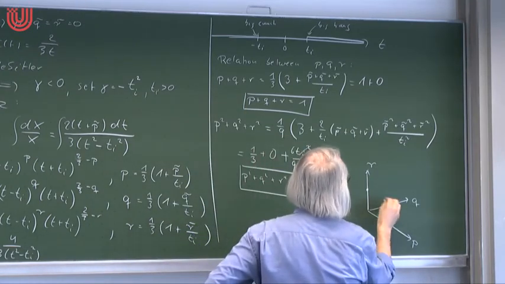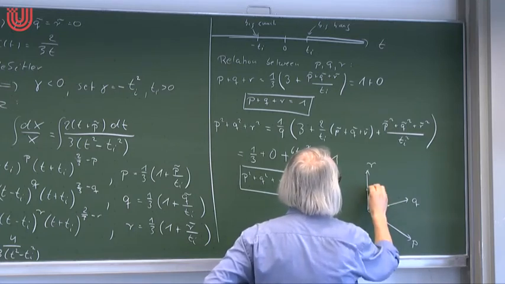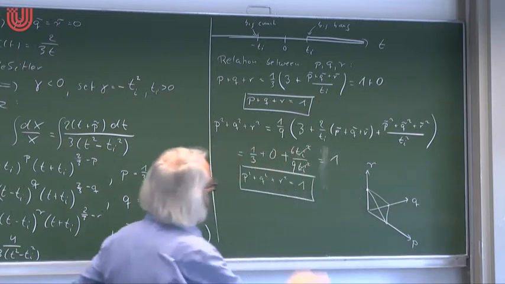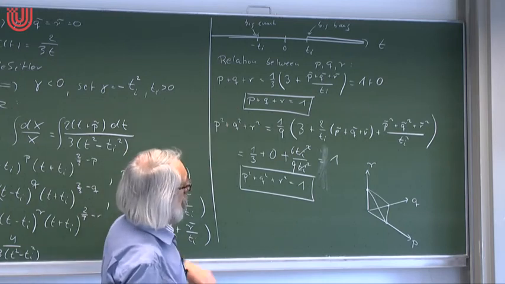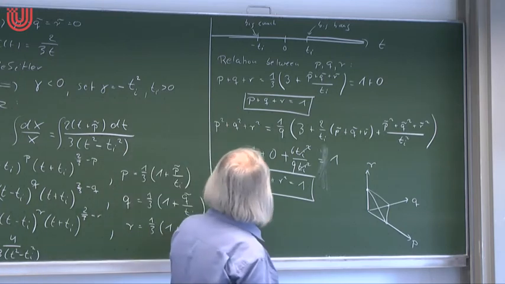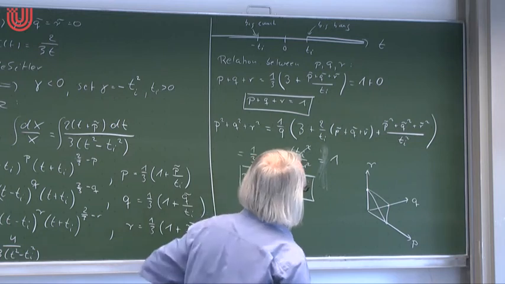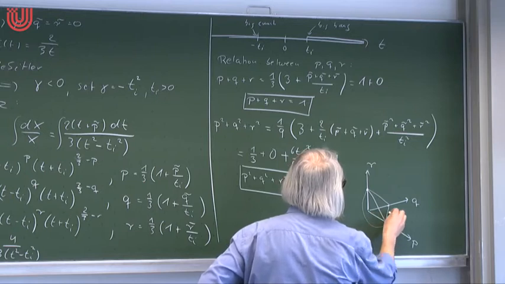It's a plane through these 3 points where I have the unit vectors on the axis. Yeah? This is a triangle. And the plane spanned by this triangle is determined by this equation. And this means that I have to intersect this plane with a unit sphere. So what I get is a circle, the so-called Kasner circle.